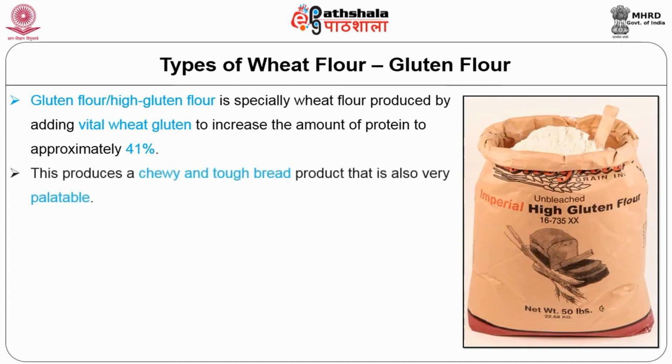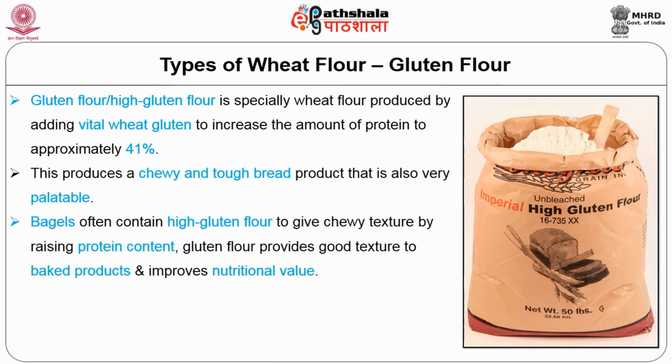This flour produces a chewy and tough bread product that is also palatable. Bagels often contain high gluten flour to give them a chewy texture. By raising the protein content, gluten flour provides a good texture to baked products and improves their nutritional value.